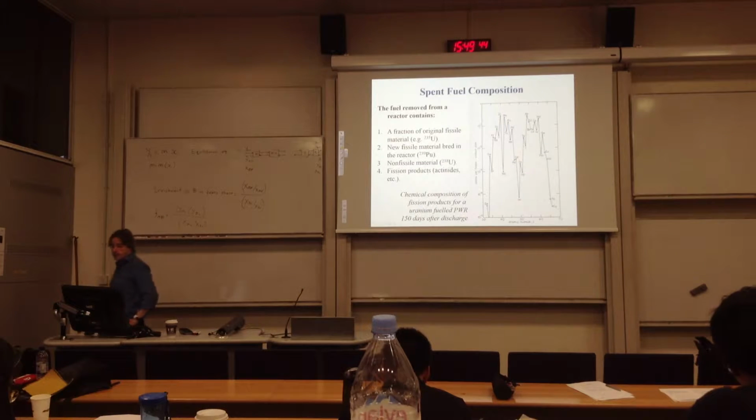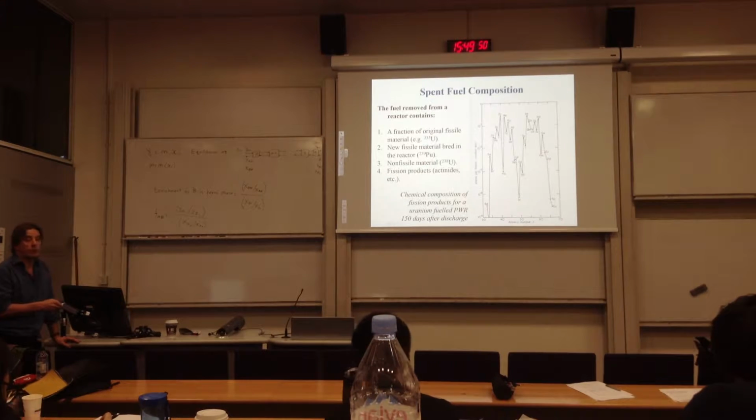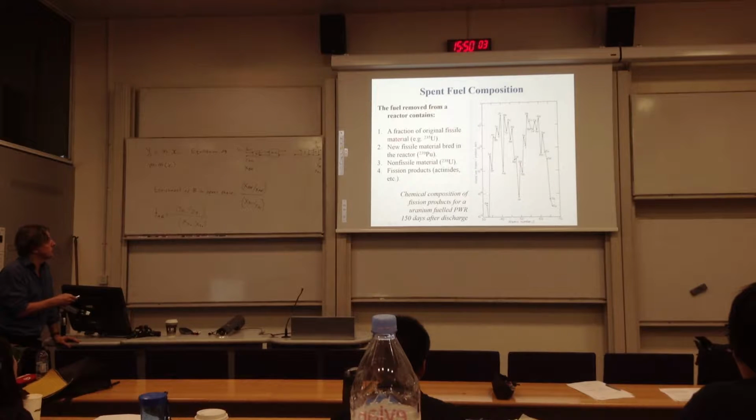So these are typically the type of products, these are the elements we want removed from the fuel. So we want a stream which contains them, another one which contains the uranium in its two forms, 235 and 238, and a separate stream for the products.